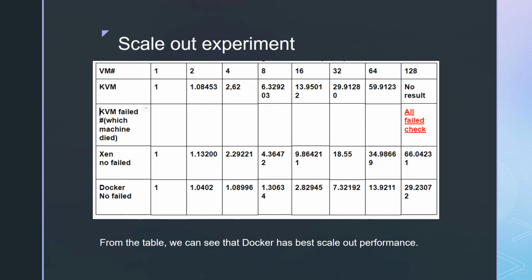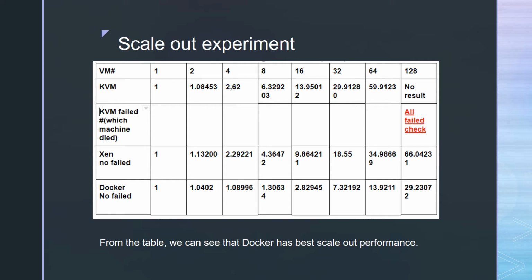Finally, let me talk about the scale out experiment. As we can see here, Docker has the best scale out performance, and KVM seems unable to hold 128 machines in one load. The reason is, first, Docker is very lightweight, and if there is just one Apache compile on one machine, Docker doesn't need to talk with the kernel too much, so it saves time.